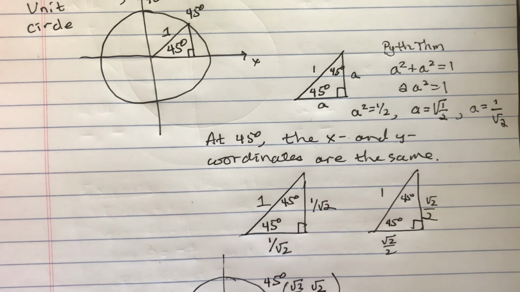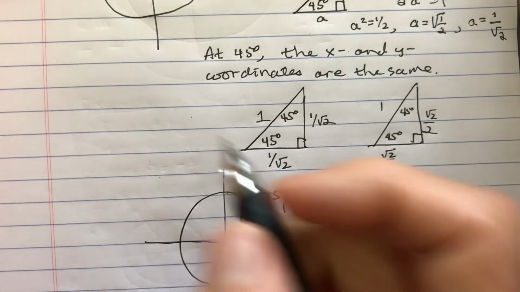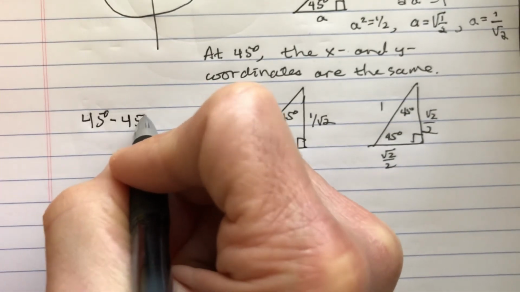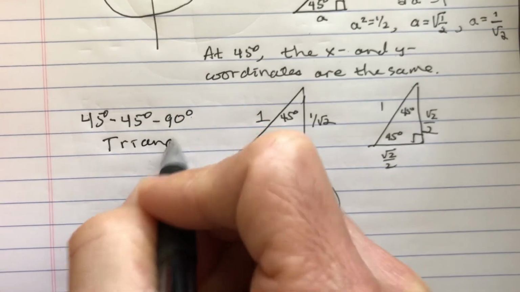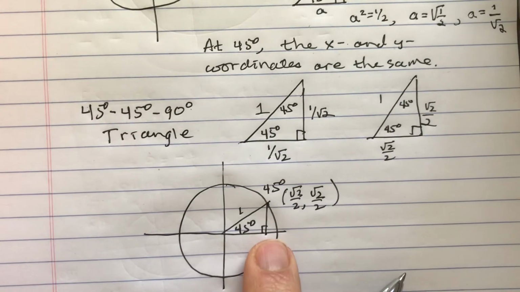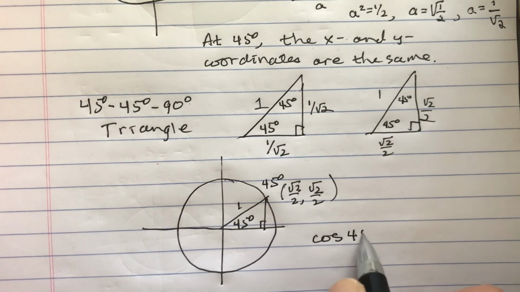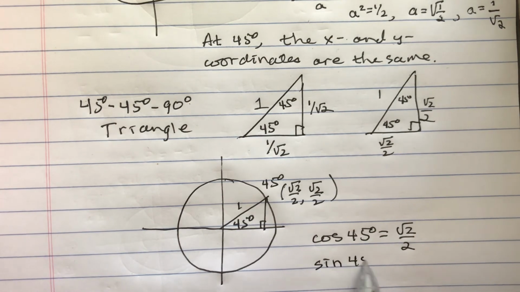Because of the fact that the 45 degree angle right here is in that right triangle, which we call a 45, 45, 90 triangle. So that 45, 45, 90 triangle fits in right here, as shown. And so therefore, cosine 45 degrees is equal to rad 2 over 2. Sine 45 degrees is equal to rad 2 over 2.